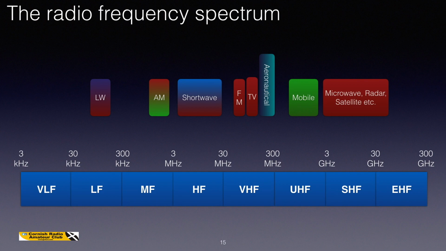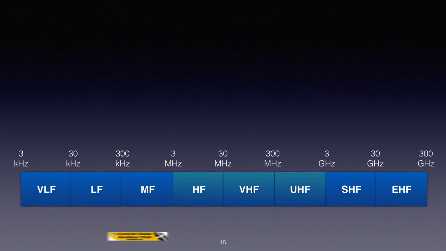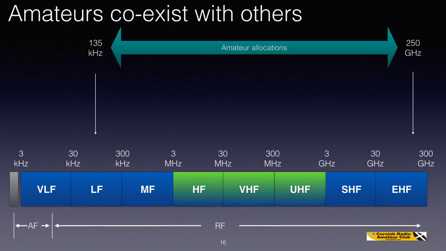Now, apart from the allocations to many services out there, dotted in between them are allocations for amateurs, usually on an exclusive basis, but sometimes on a shared basis, and we'll talk about that a bit more.